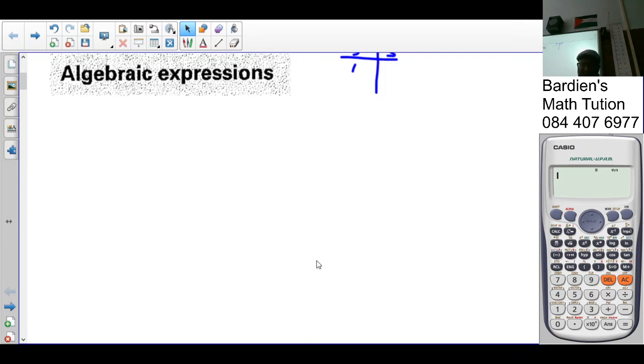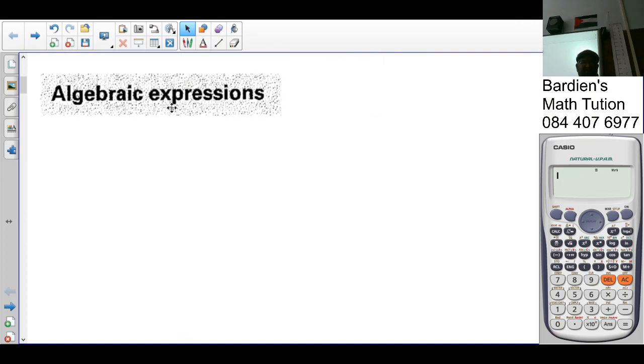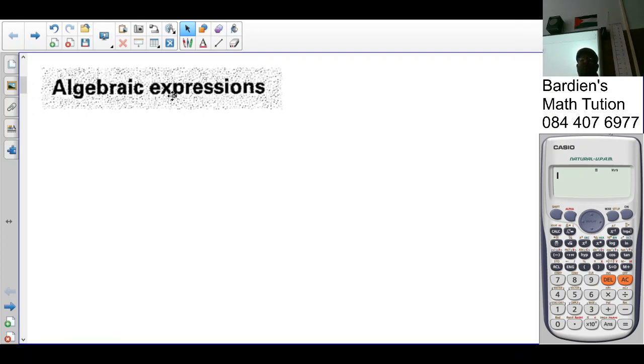It's an expression with one term. Binomial, 2 terms. Trinomial, 3 terms. Polynomial, more than 3, 4 and more. Okay, so that still applies. And then they gave you examples of trinomials, monomials and so on. And that is on page 6.